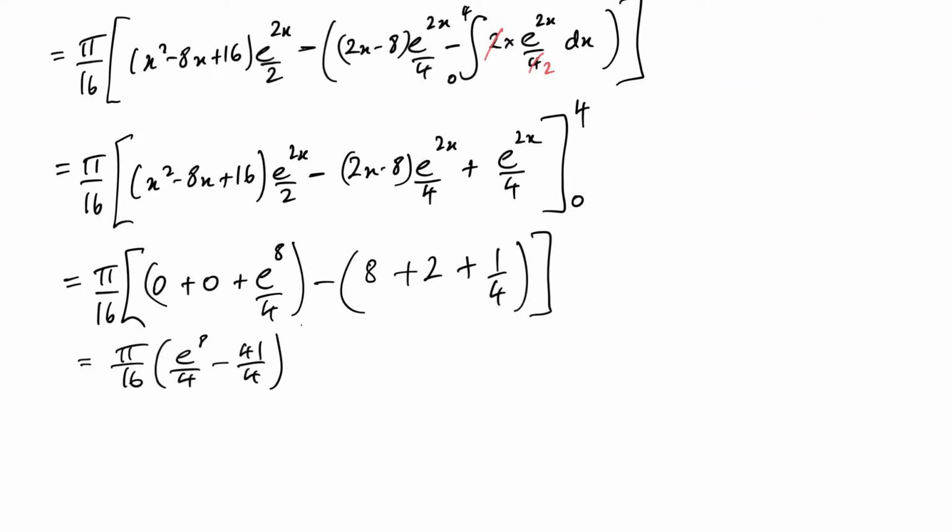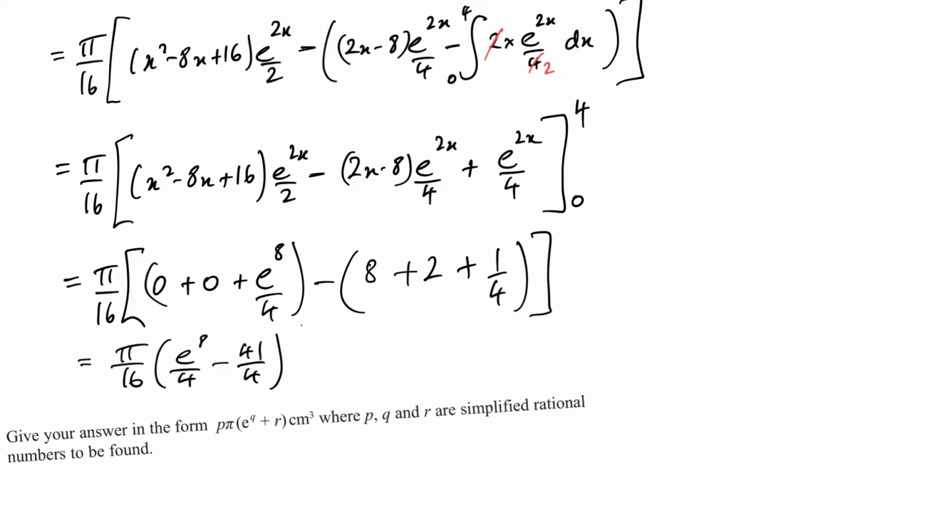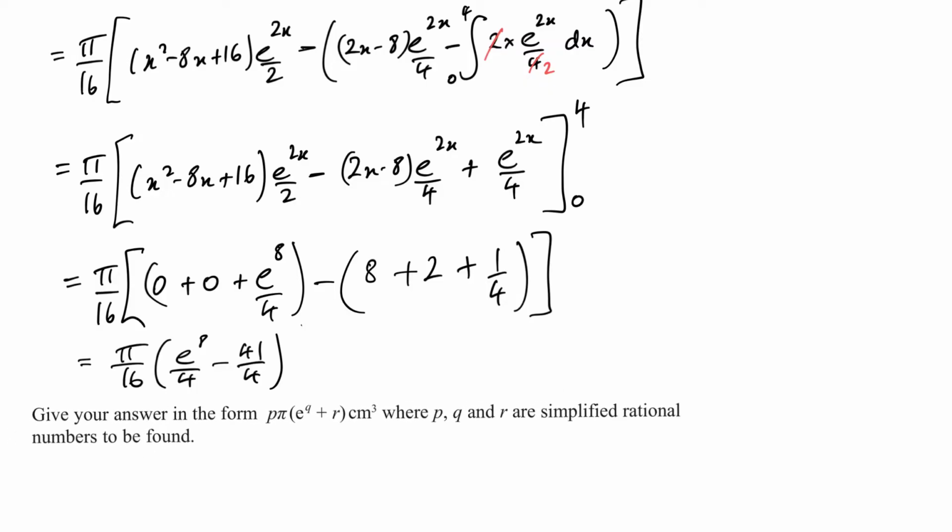Now it does tell me that it wants it in this form. Just make that larger so you can see. So the form doesn't have any fractions in it in the front. Okay, it does say simplified. So let's take the over 4 out. So 4 times 16 there is 64.